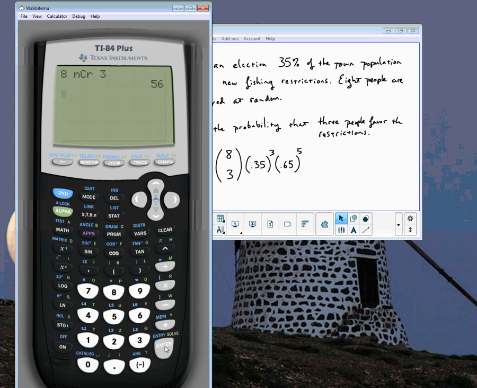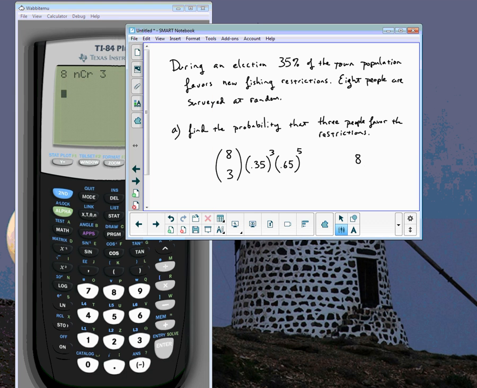We can do that math algebraically. We have 8 factorial over 3 factorial times 5 factorial: 8, 7, 6 over 3 times 2, which is 56. Okay.